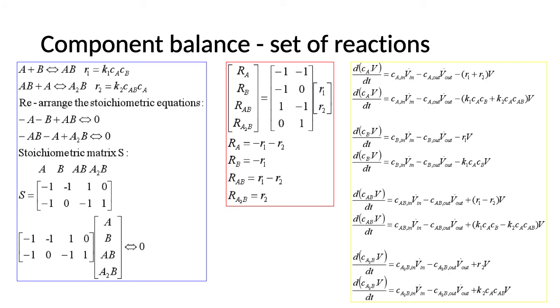And these are the component balances for each component in the reactor. We can use the equations developed for capital RA, capital RB, capital RAB and capital RA2B to substitute for the rate of generation of each of them. Finally, we can write reaction rates in terms of reaction rate constants and concentrations of reactants.